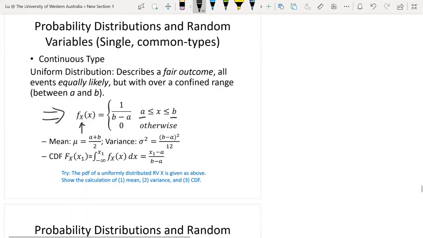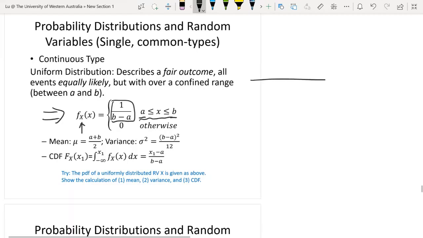The first part is defined within A and B, this small region, and all other values except the AB region are treated in the other part. So within the AB region, its PDF is a constant because B is constant, A is constant. So 1 over B minus A, of course, is a constant.